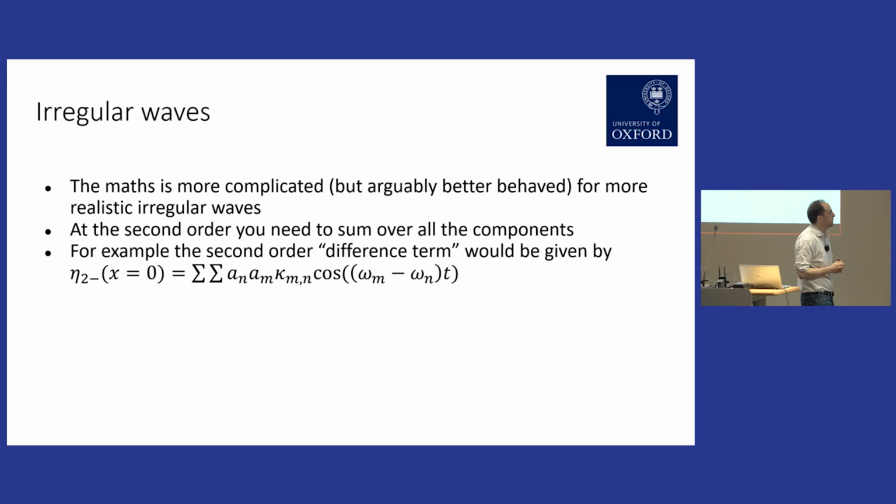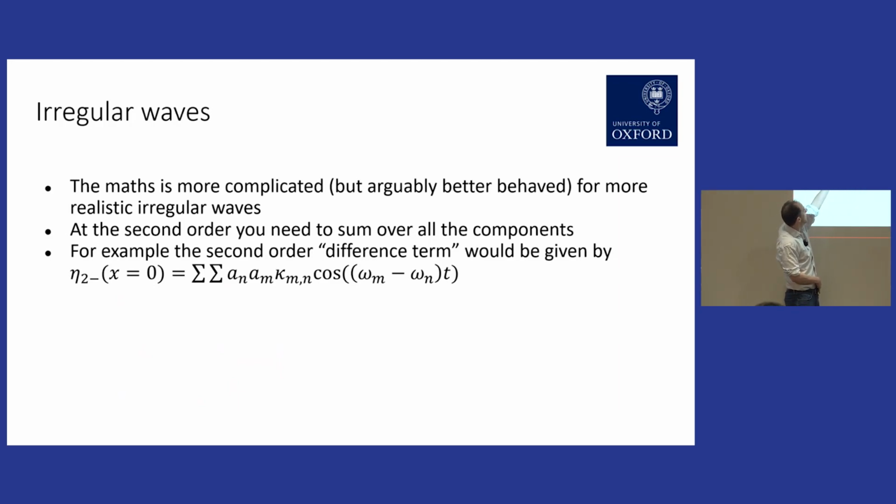We now want to produce what I'd call the difference term. So the second order term that occurs at the difference of 2 frequencies. We take each component and multiply it by each other component. We have some interaction kernel that we can work out for how those interact, and that occurs at the difference in the frequencies between those 2 waves.